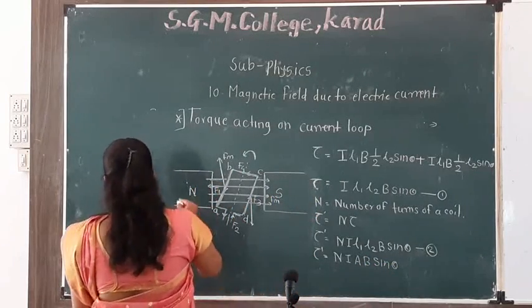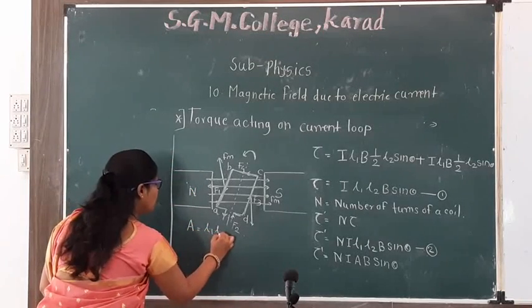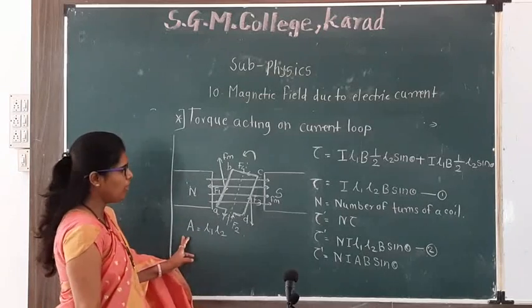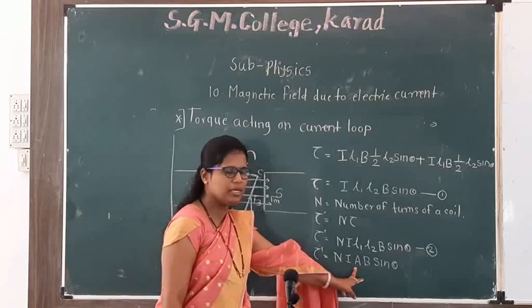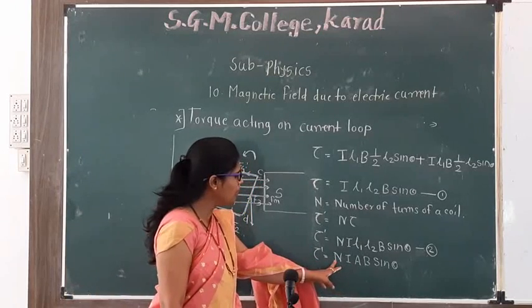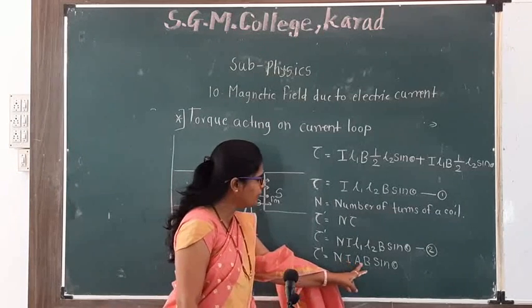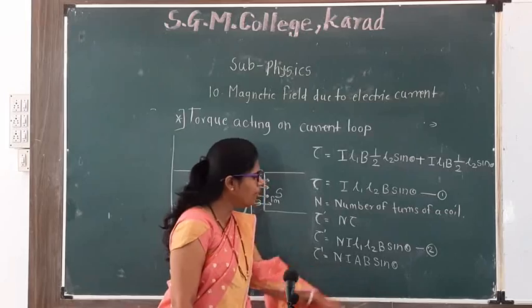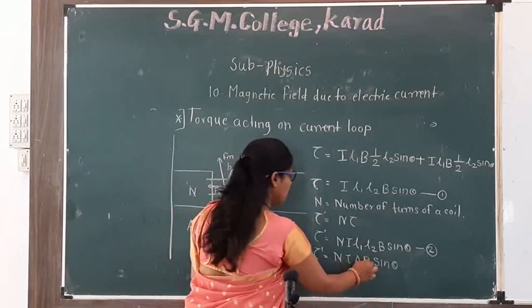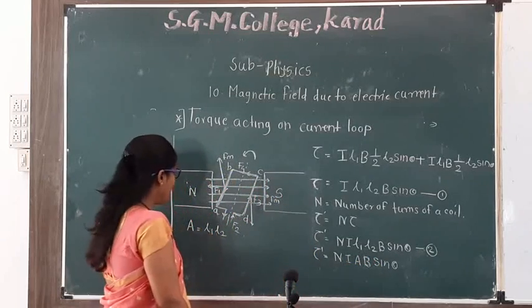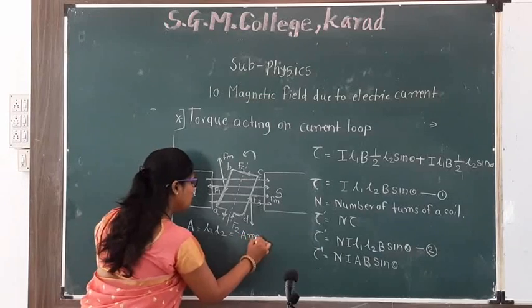Here A is equal to L1 into L2, the area of the rectangular coil. n is the number of turns of the flat coil, I is the current flowing through the coil, and B is the magnetic field.